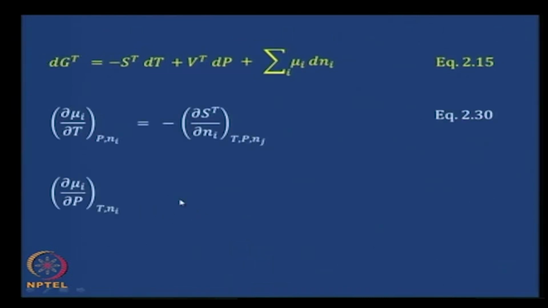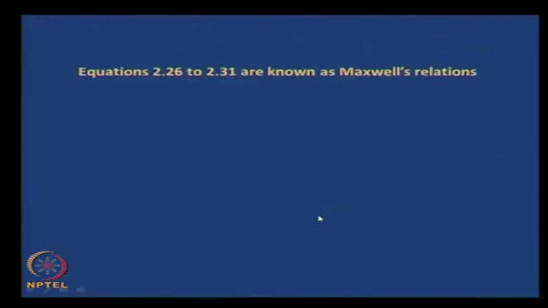And as we spend some extra time here, ∂mu i/∂T at constant P, ni equals minus ∂St/∂ni at constant T, P, all other nj's, and ∂mu i/∂P at constant T, ni equals ∂Vt/∂ni at constant T, P, all other nj's. So, these equations are called Maxwell's relations, very useful.